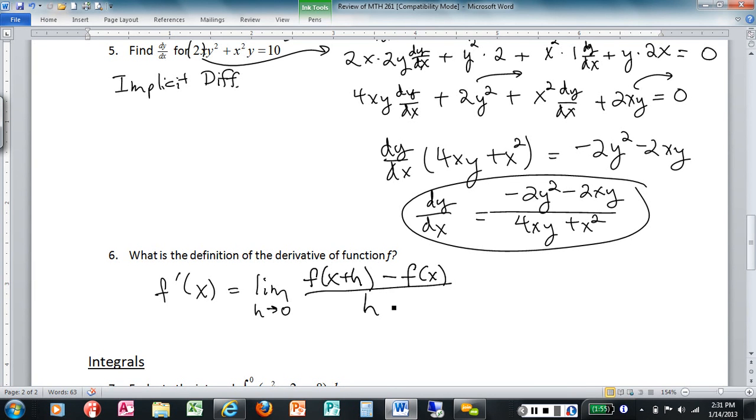And then to do it that way, then you simplify f of x plus h, subtract f of x, divide by h. Hopefully, you have to use some things like the conjugate sometimes, factoring sometimes, combining fractions. So lots of good stuff can happen if you do it that way.